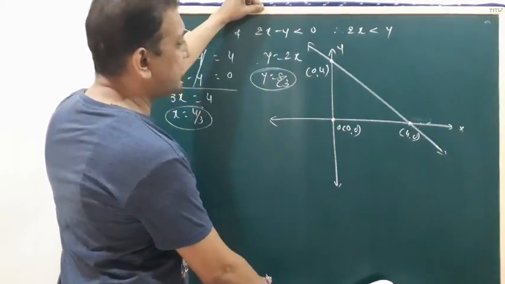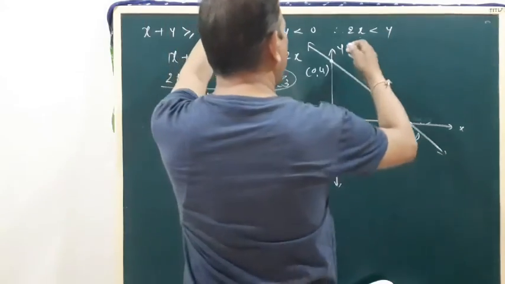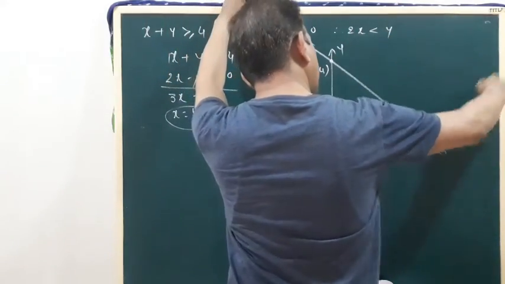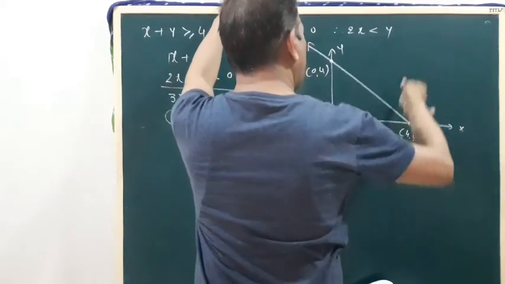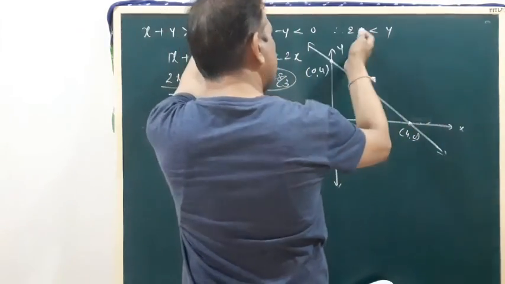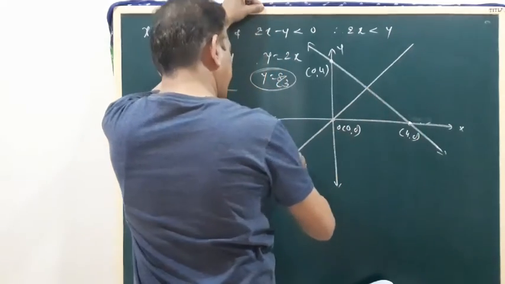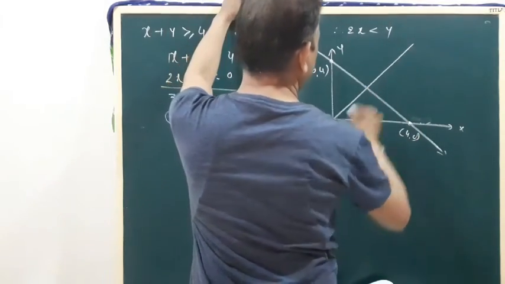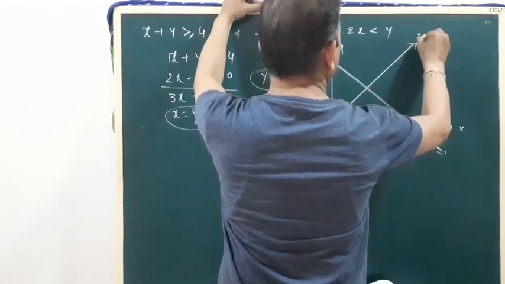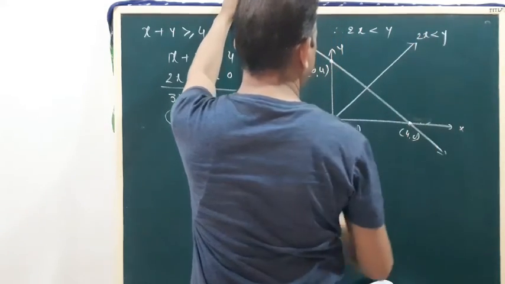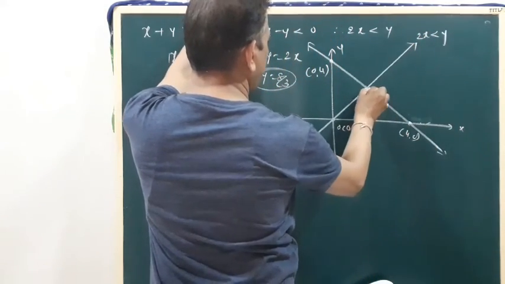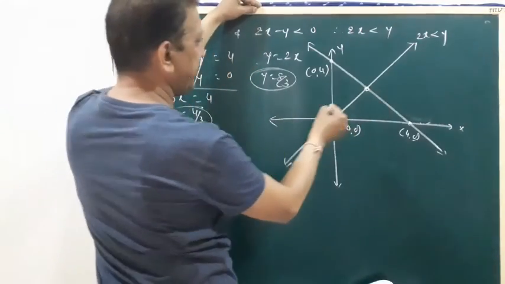Now this one passes through the origin, first and third quadrant. Now we draw this line here, so the area is divided into two parts. Right? Here 2x is less than y. Our intersection point is (4/3, 8/3).